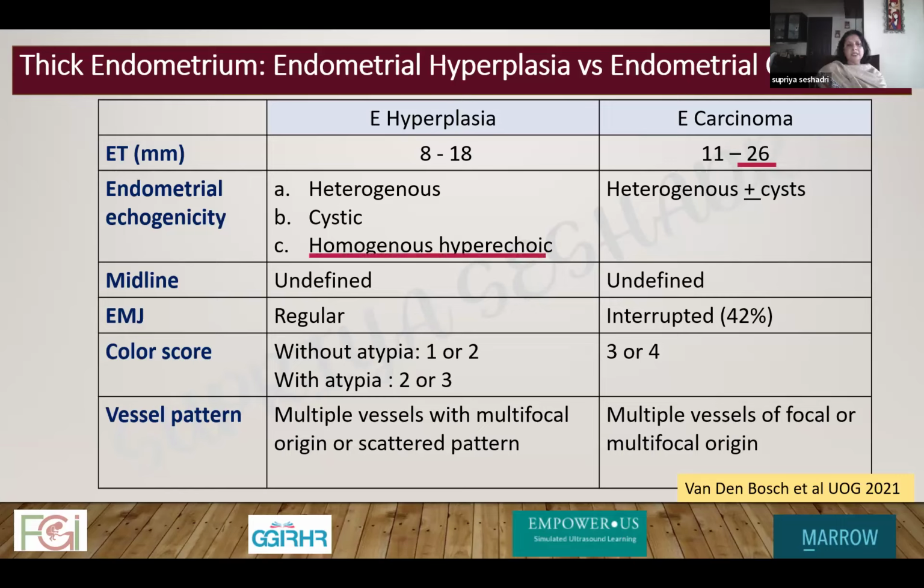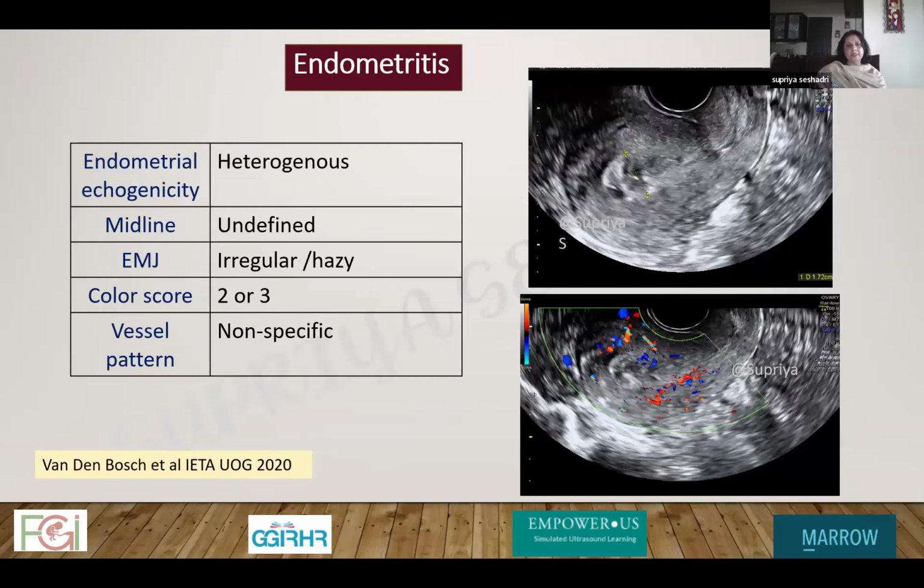Coming to echogenicity, you'll never get a homogeneous hyperechoic endometrium in a carcinoma. EMJ is interrupted only 50% of times in carcinoma, where it is most often regular, and almost always regular in hyperplasia. A color score of 3 or 4 is in carcinoma. A scattered pattern is hyperplasia, and multiple vessels of focal origin are, again, diagnostic of carcinoma, not hyperplasia.